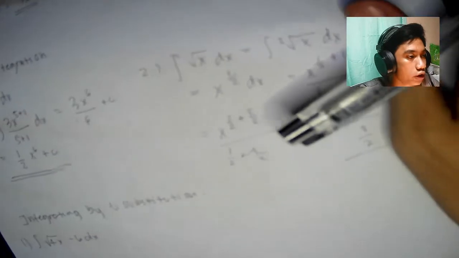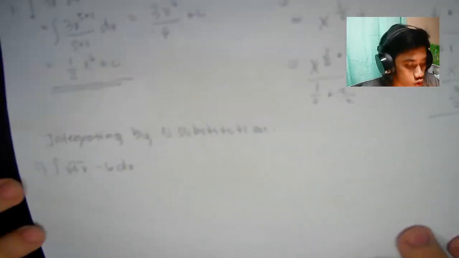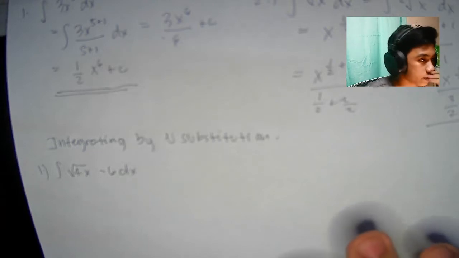So U-substitution is one of the tricks that you do to integrate certain functions.